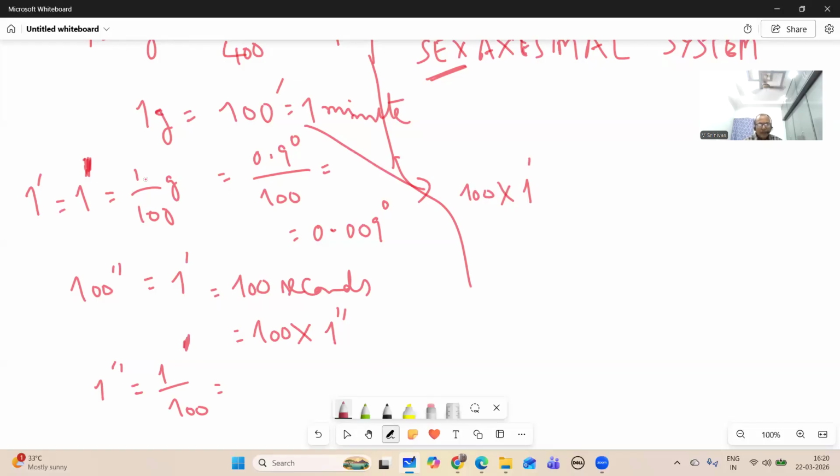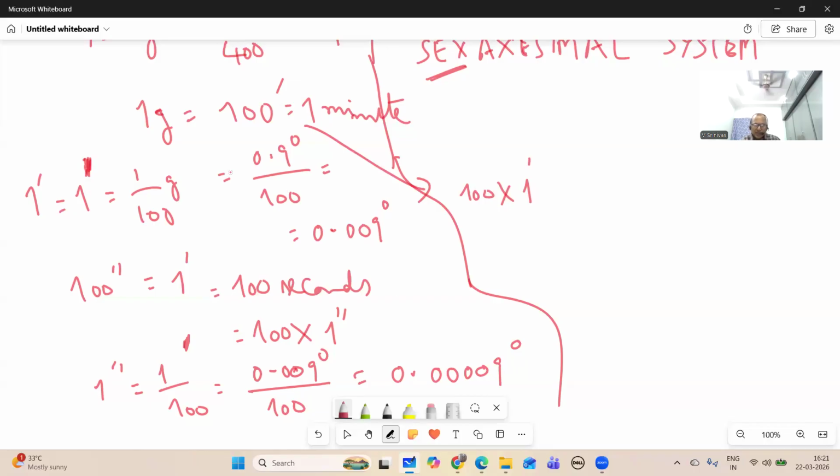For 1 minute I can take 0.009 degrees, so 1 second is 0.009 degrees by 100, which is 0.00009 degrees.